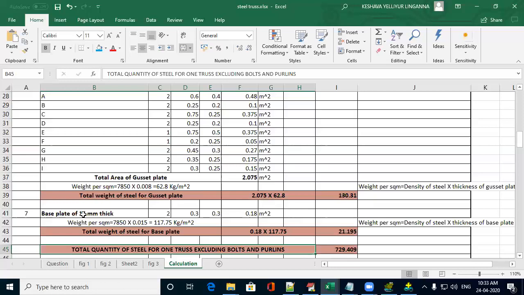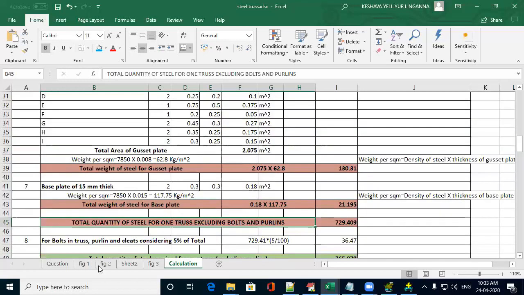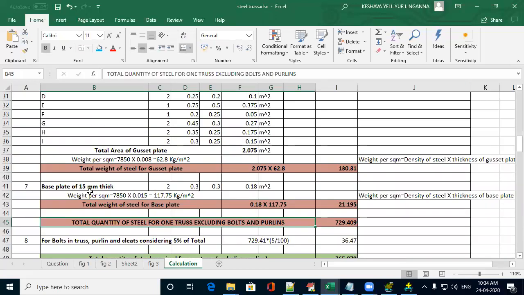Similarly, base plate of 15 millimeter thick. It is given in the question. It is not assumed. See, you can observe base plate is of 0.3 by 0.3 by 0.15. 0.15 is the thickness of the base plate.